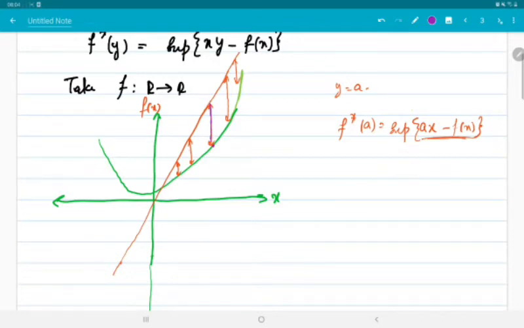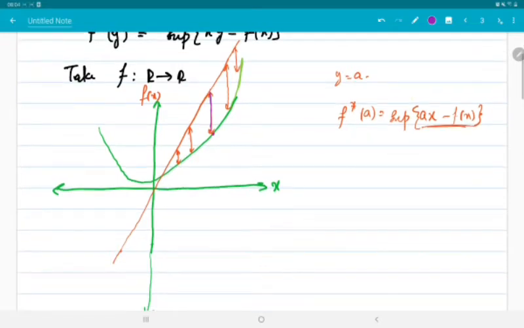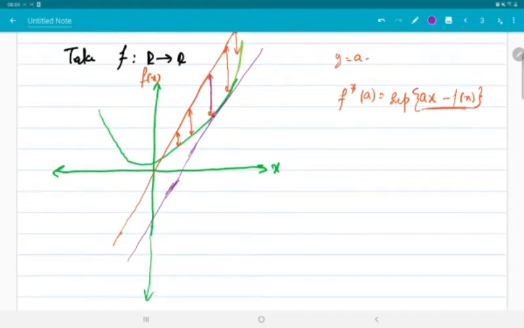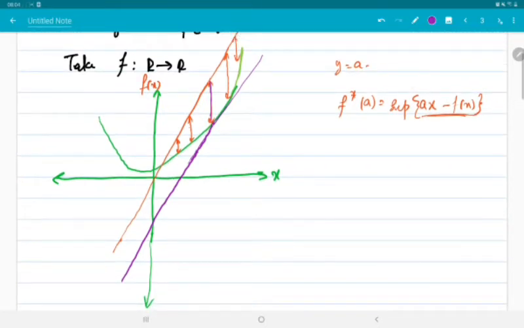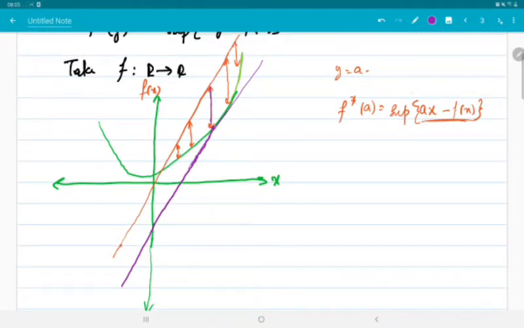Now I shift this line by this offset, and I get a line which is tangential to the function at this point, and it is parallel to the original ax line.